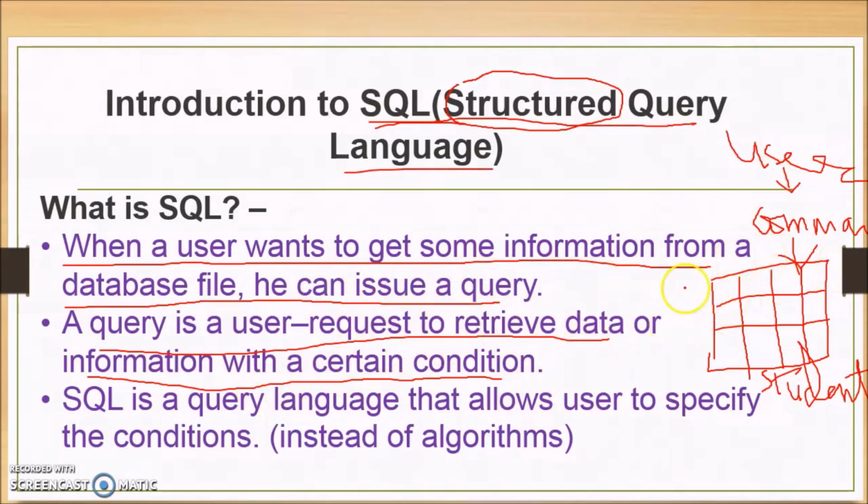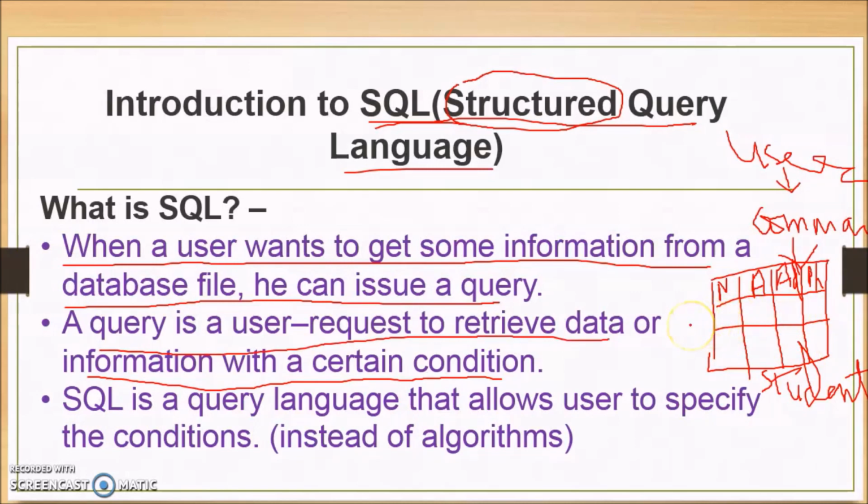ठीक है, कोई भी condition. Suppose आपकी ये table हो गई, इसमें suppose there is a name, ये age है, this one is address, and this is phone number. ठीक है, अभी इसमें क्या करना है? There is a lot of information, there are multiple students whose information is stored. तो अब मुझे क्या चाहिए?